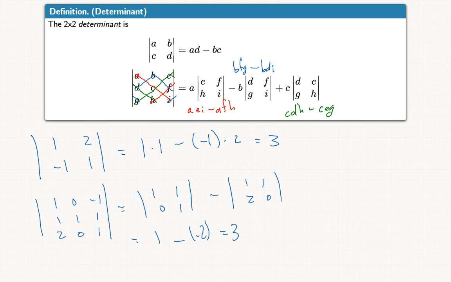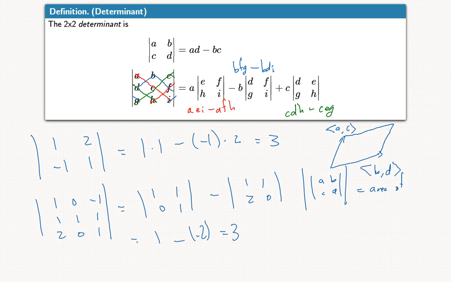So the reason for this mysterious determinant formula, you can check that if AC and BD are vectors in the plane, then the absolute value of the determinant, so abs of ABCD, is the area of this parallelogram.